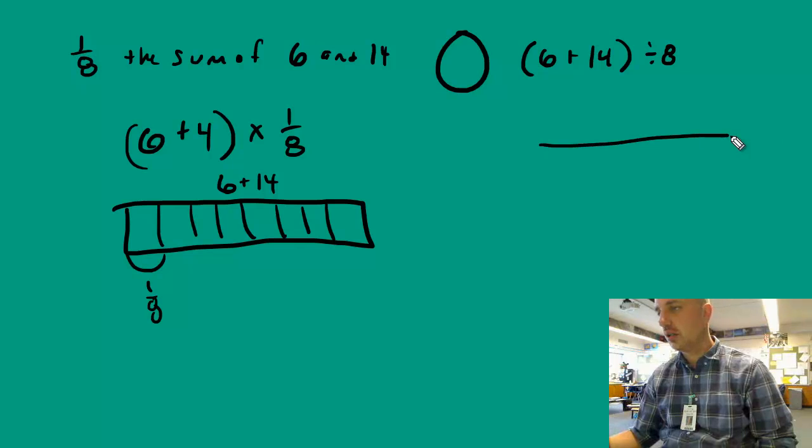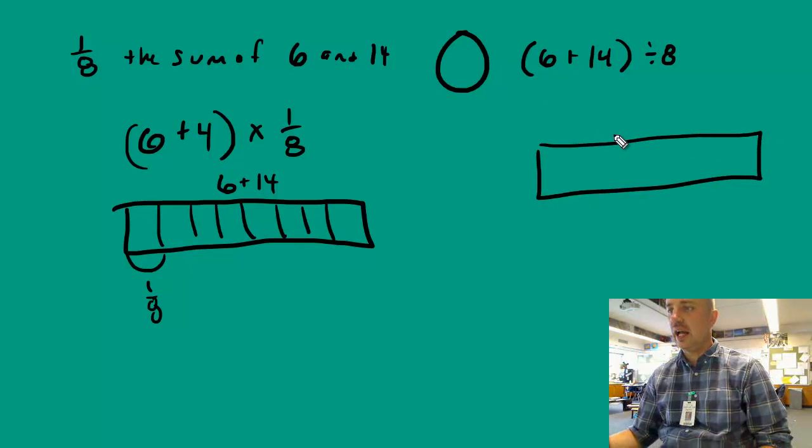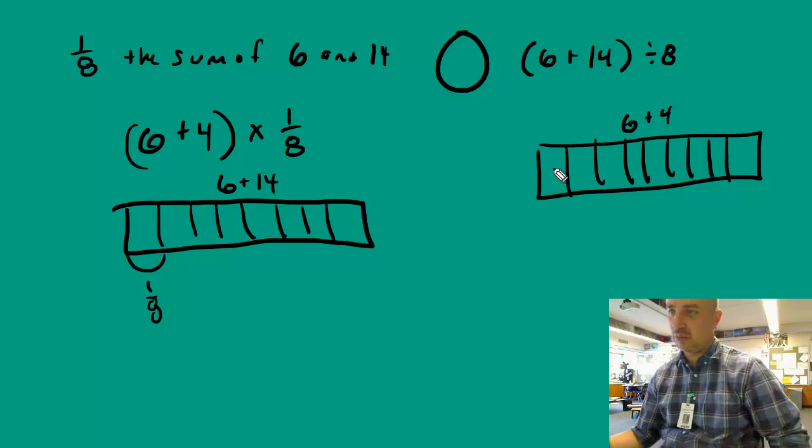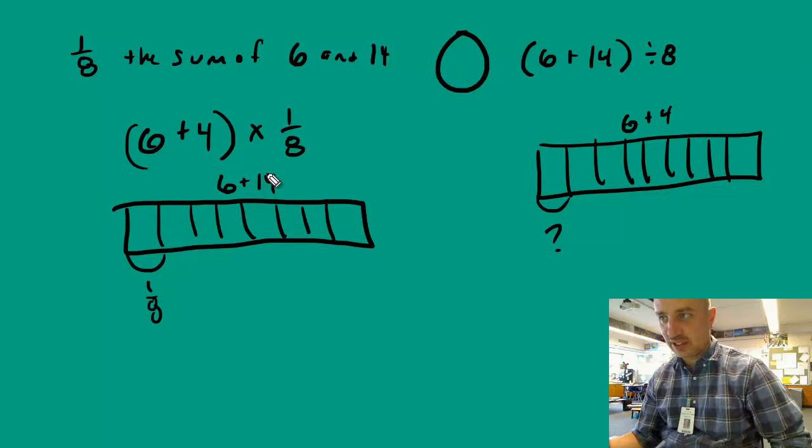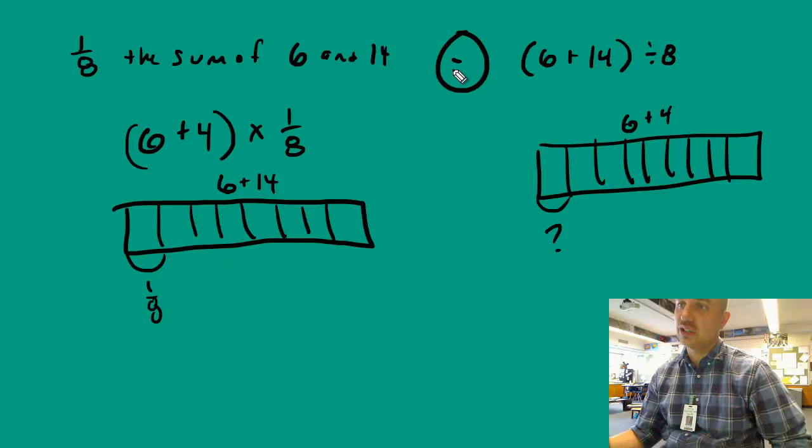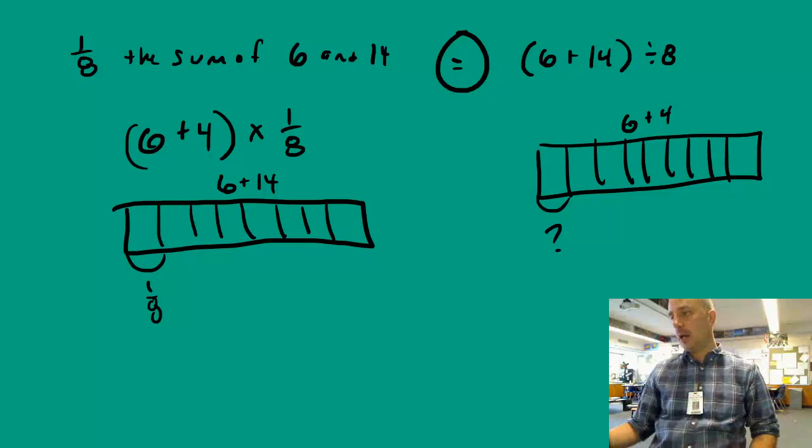Over here, I have 6 plus 14, and I'm dividing it by 8. And one of them would be my answer, right? So both of these are my whole 6 and 14, and I'm taking 1/8 and I'm taking 1/8. So these two are equal, right?